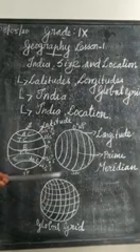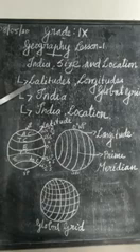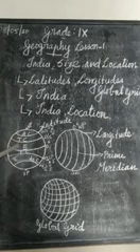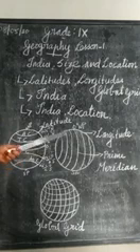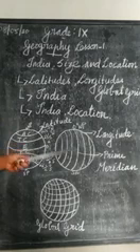Let us recall. What do you mean by latitudes? Latitudes are imaginary lines, also known as parallels. Some of the important latitudes are the equator, Tropic of Cancer, Arctic Circle, Tropic of Capricorn and Antarctic Circle. Longitudes are imaginary lines, also known as meridians.